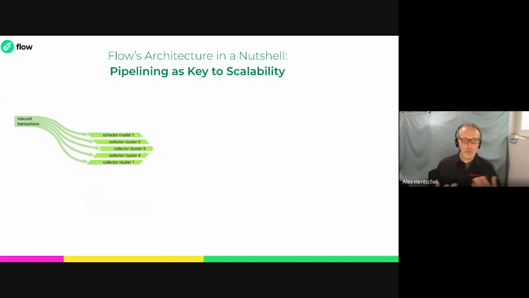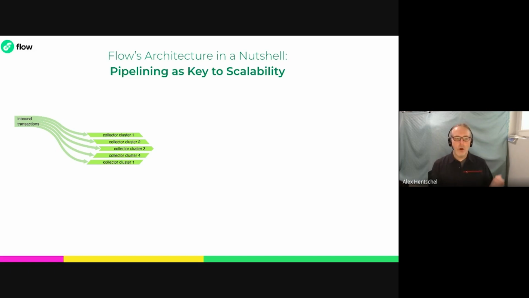Those batches of transactions we call collections, and one group of nodes which creates such a stream of batches is a collector cluster. Flow has multiple of those collector clusters, which allow the ingestion of transactions to scale horizontally, far beyond the capacity of what any node individually could consume in terms of data per second.